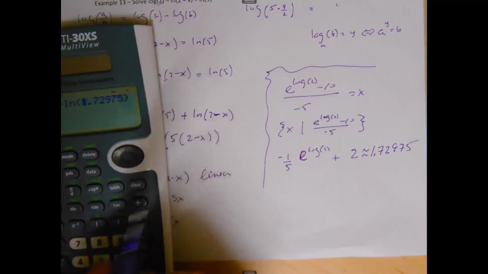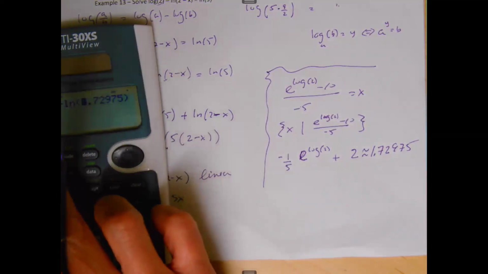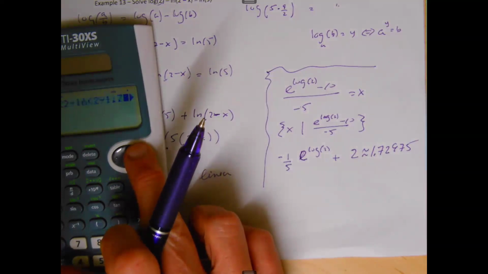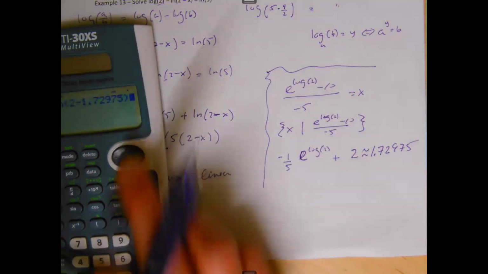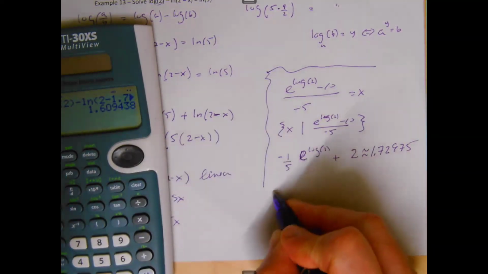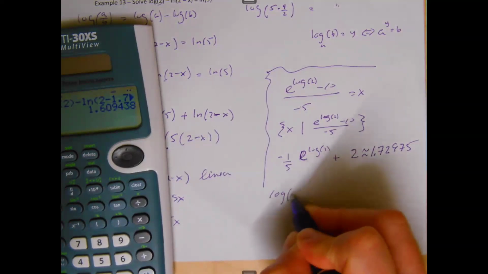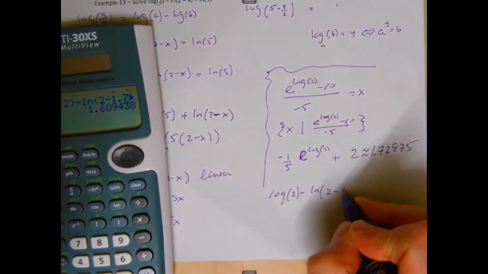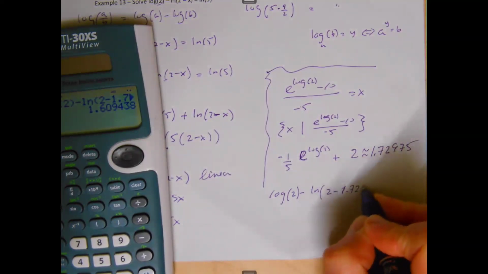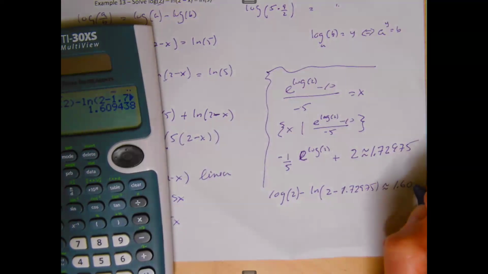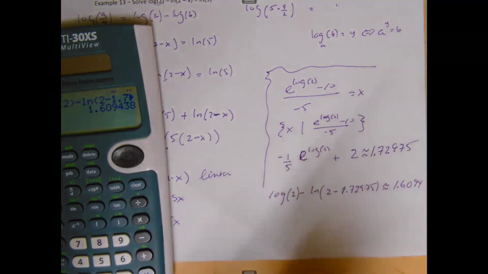Insert 2. Subtract this one out. Good. There we go. So when I do all this, log base 10 of 2 minus natural log of 2 minus, and enter this number 1.72975, I get approximately 1.6094.